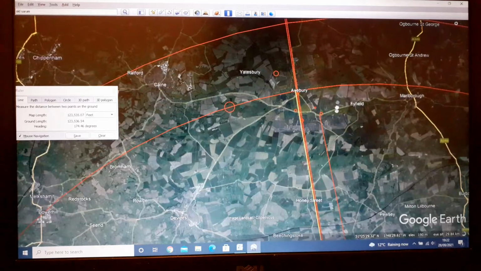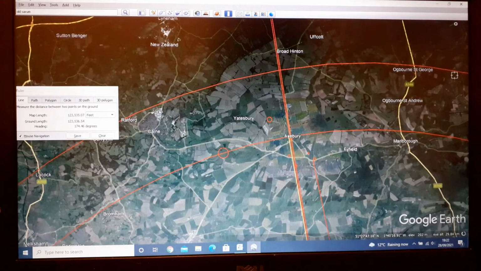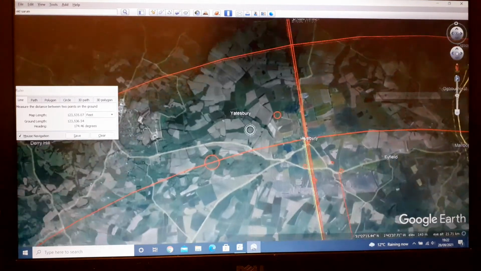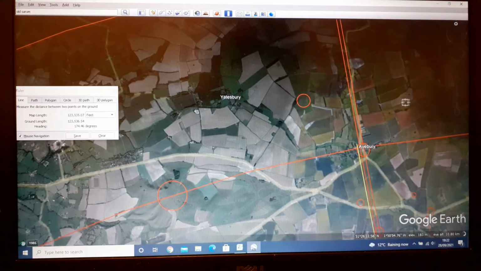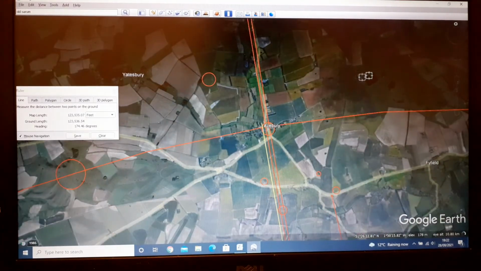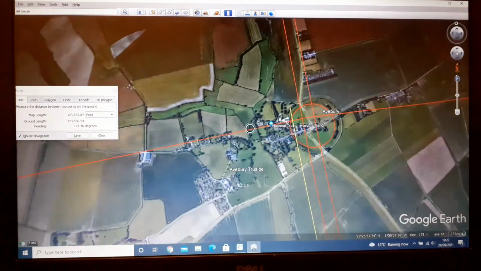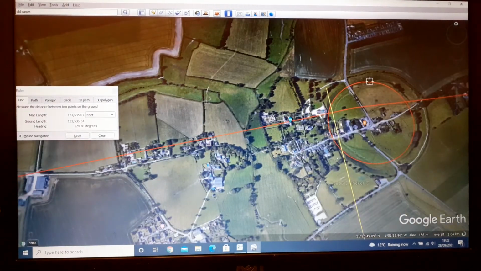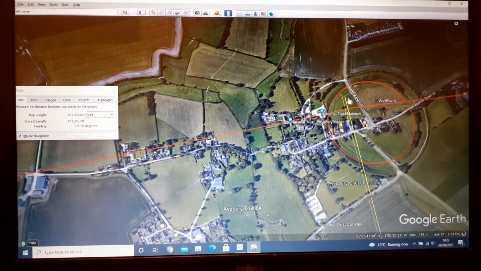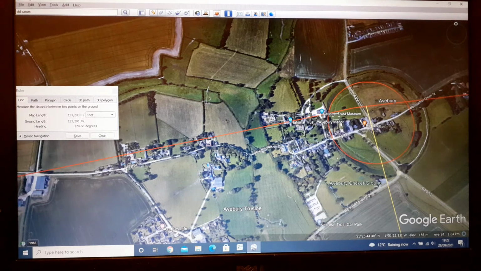You can see the Avebury circle coming to light now. And because I've already set this line, I know what I'm looking for. So here we go. One, two, 3,200 feet.